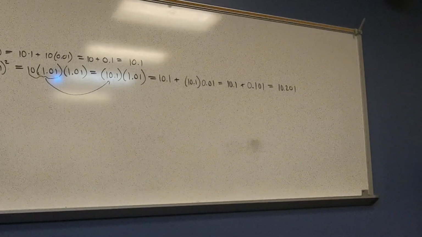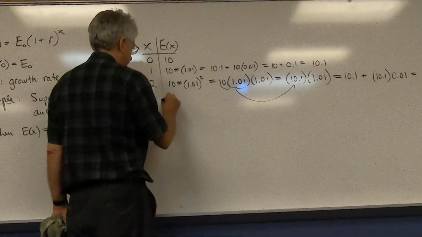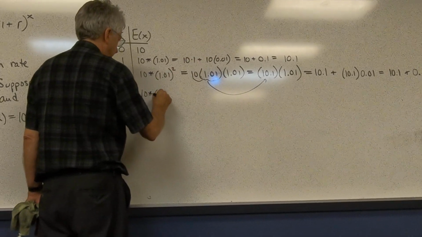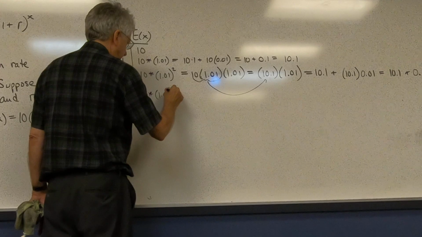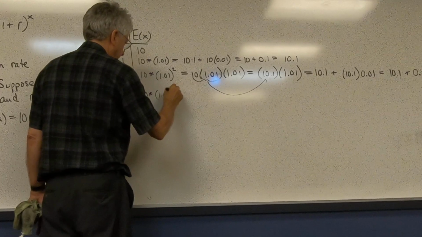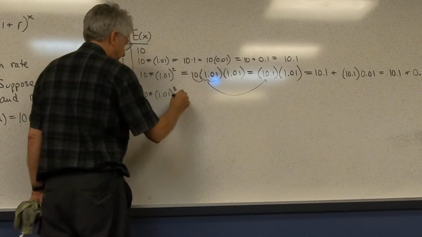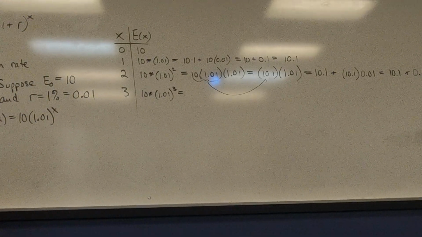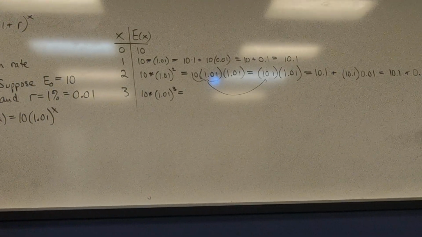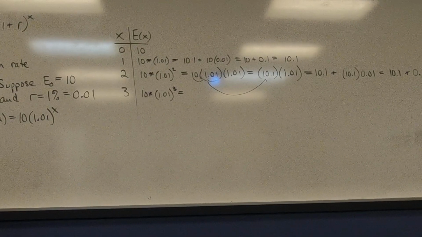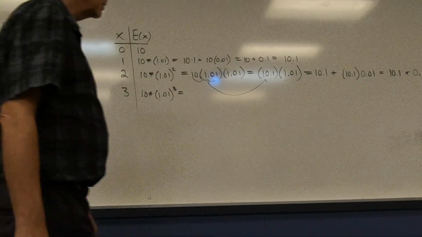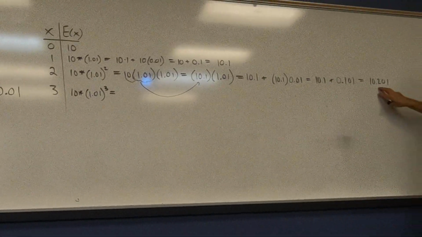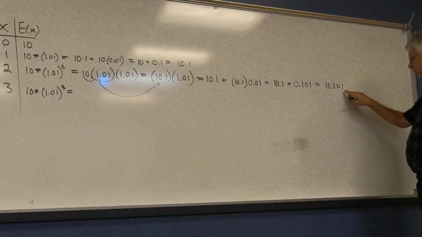And so I could continue on in that fashion. I'm not going to expand it all out like that, but you could. I think what you're going to get is a little bit more than 3%. Basically we're going to grow this by 1%, and 1% of this is 0.10201.